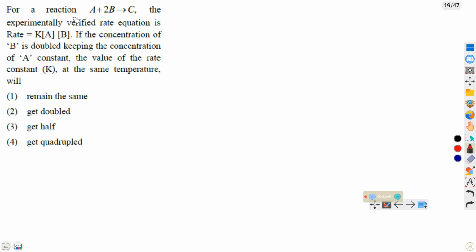For a reaction A plus 2B gives rise to C, the experimentally verified rate equation is rate is equal to K into concentration of A into concentration of B. If the concentration of B is doubled, keeping the concentration of A constant, what is the value of rate constant K at the same temperature? We know that K value depends on temperature.